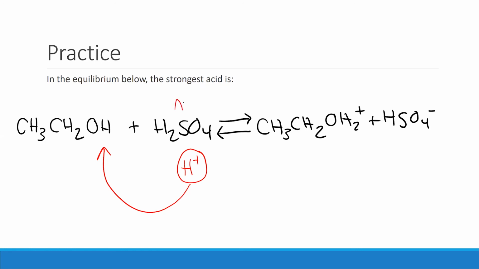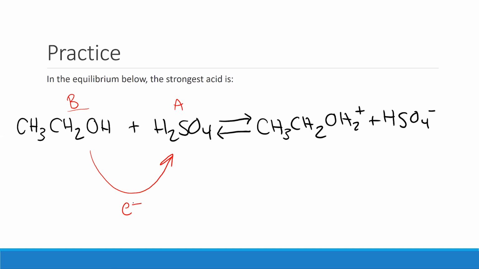Making this the acid and this the base. We've already distinguished that. But if we wanted to define this in terms of our Lewis acid and Lewis base, we would know that that means that the base is donating electrons to the acid.